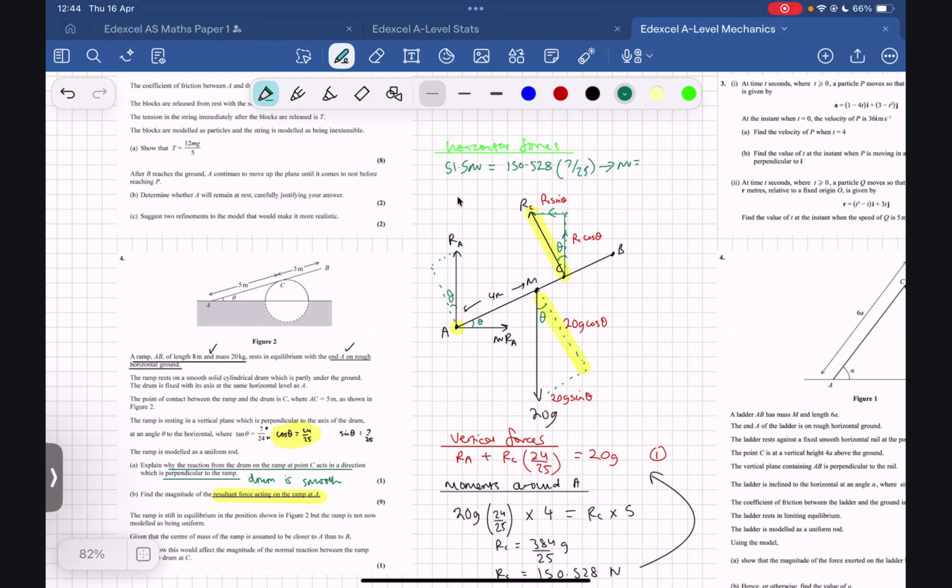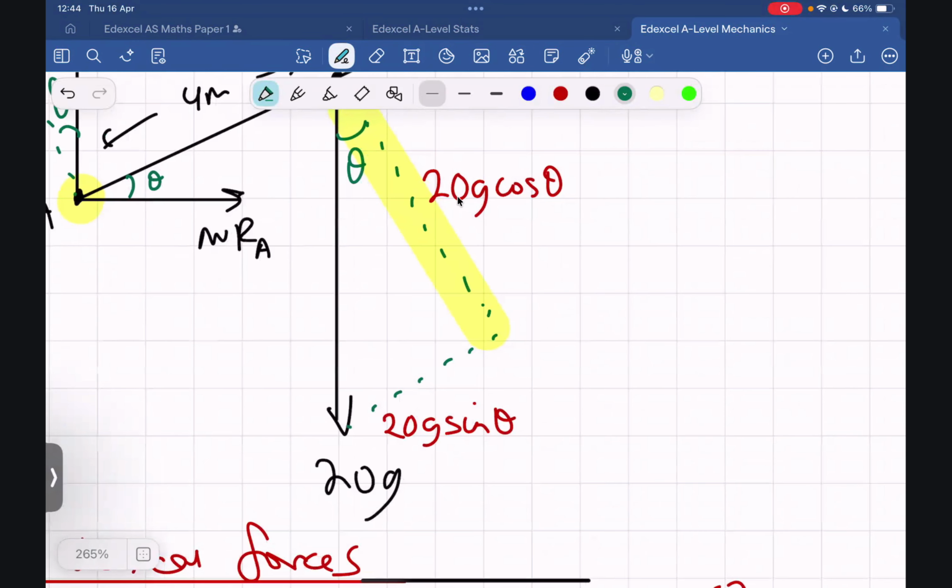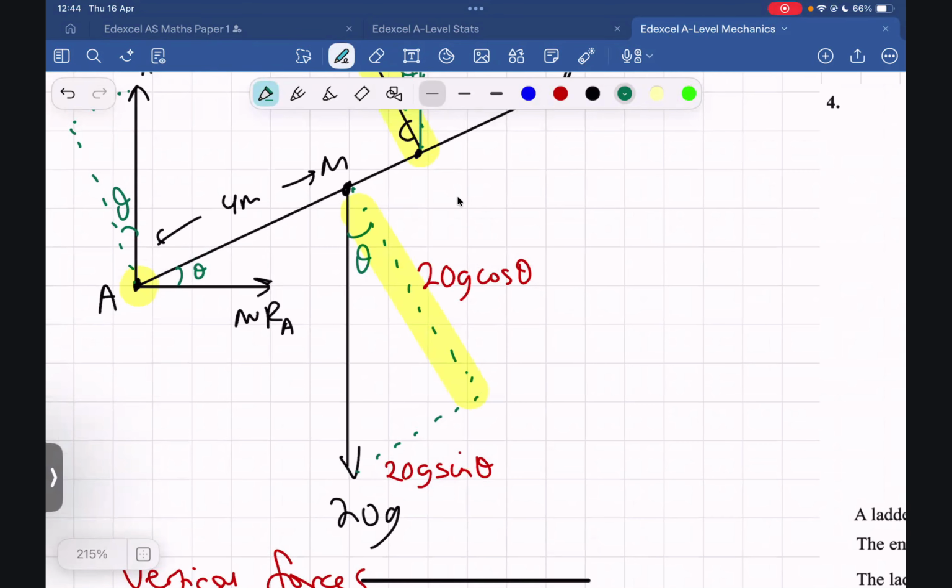No. Why? What, from this one? Yeah. I already made my right angle triangle. How can I make a right angle triangle going this way? This one is vertical. There's no horizontal component. It's straight down.